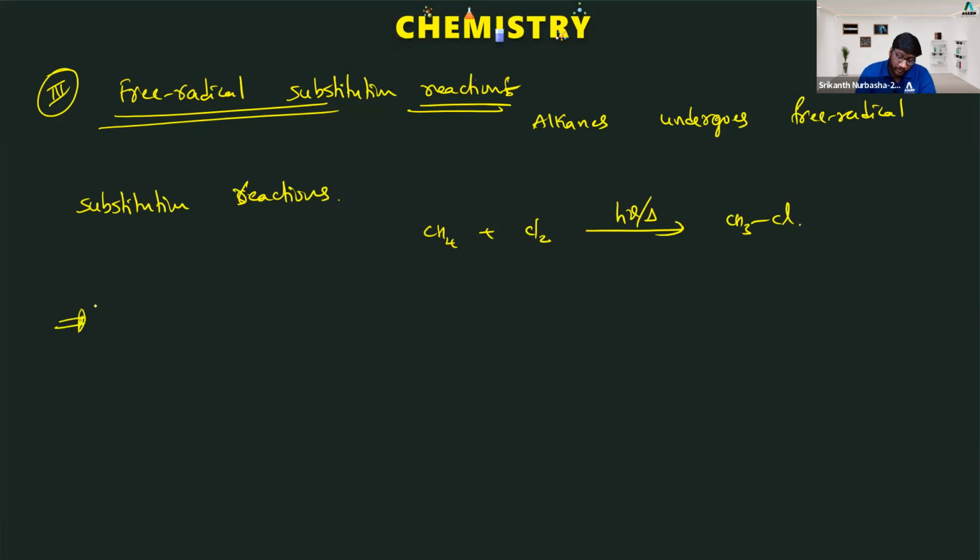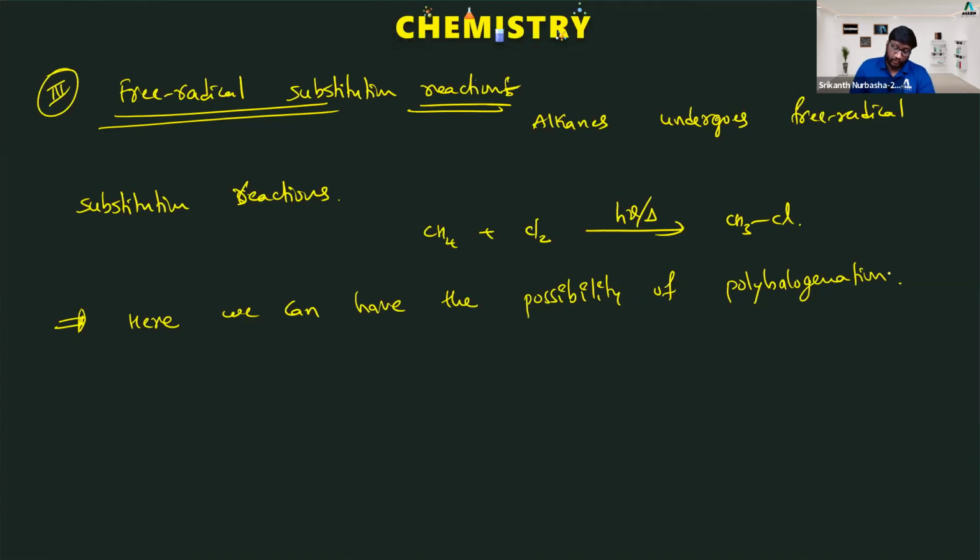The disadvantage here is that we can have the possibility of polyhalogenation. Right, CH4 plus Cl2 in the presence of hν and sunlight gives CH3Cl.